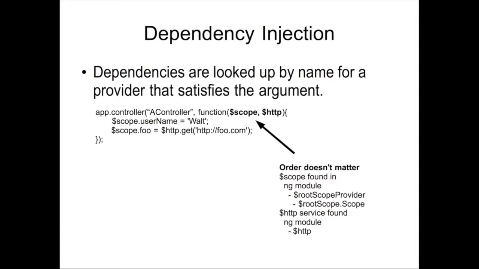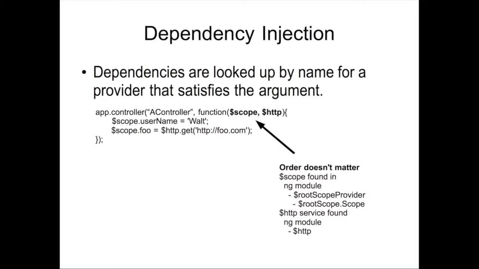So I'm going to go through this pretty quickly, because you'll see that it's already taken care of. Dependencies are looked up by name for a provider that satisfies the argument. So when you say app.controller with a function, these are some examples of objects that are available out of the box: $scope, $http.